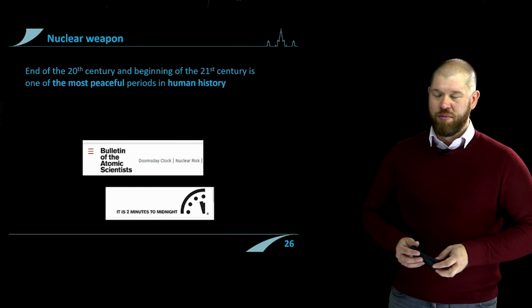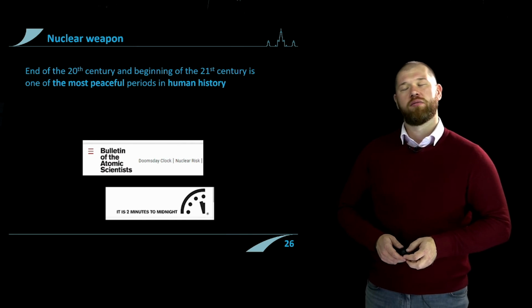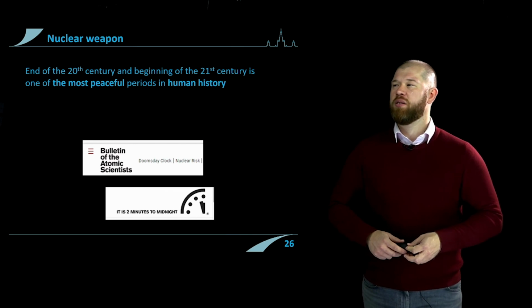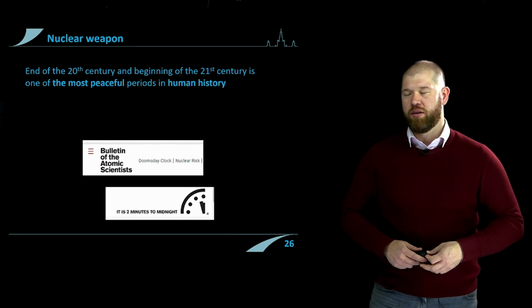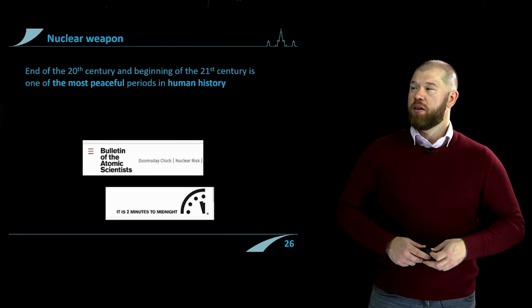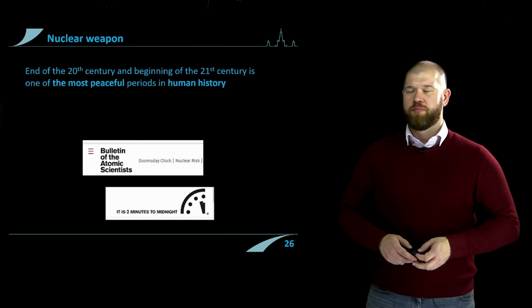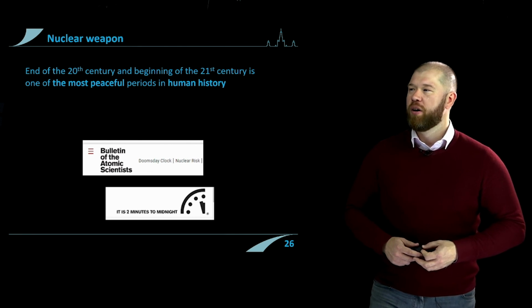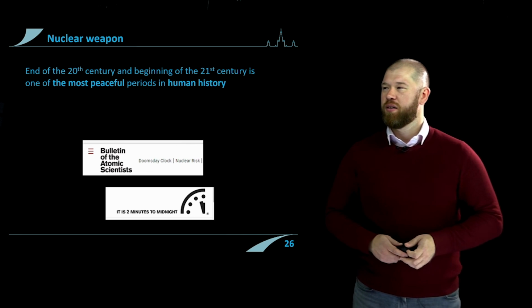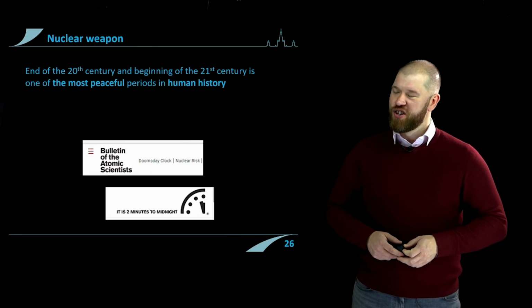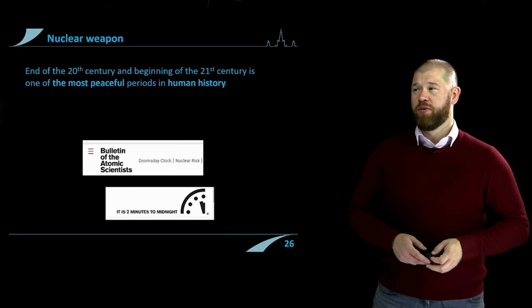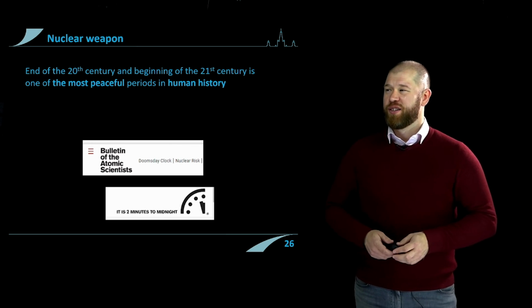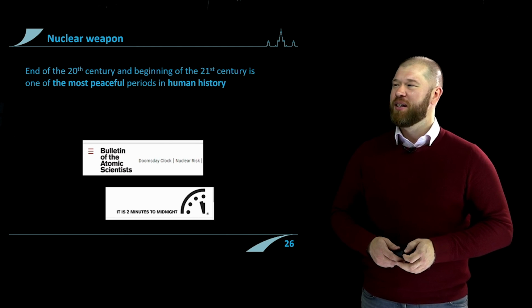And another impact, maybe we can say that it is a direct impact, is the impact of nuclear weapon investigations. Nuclear weapon is a very efficient weapon, but many people are scared of it because of its efficiency, let's say.